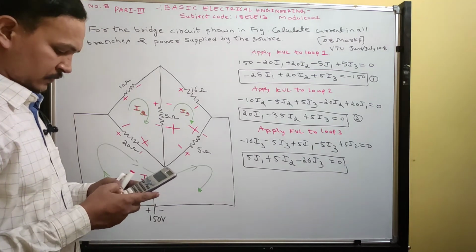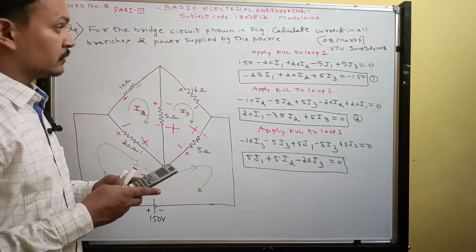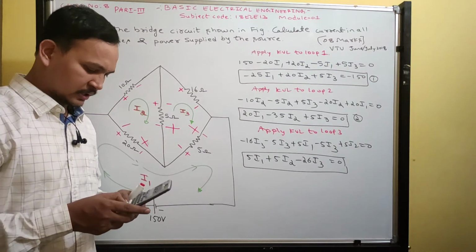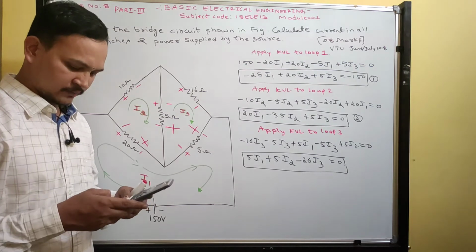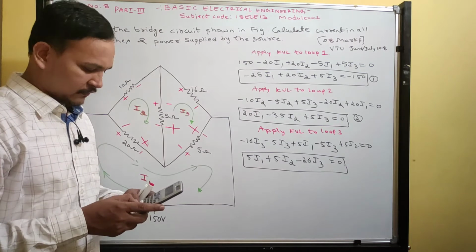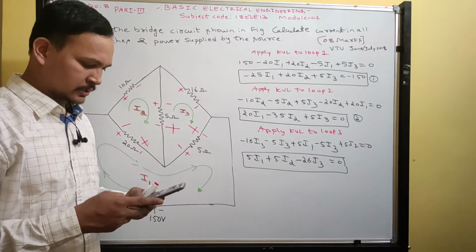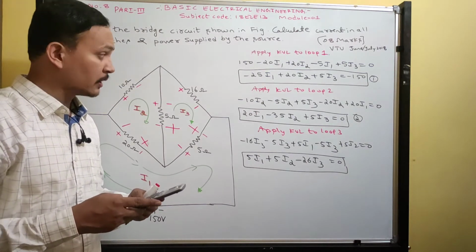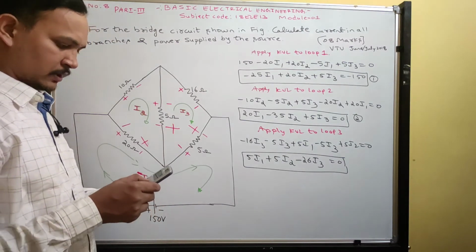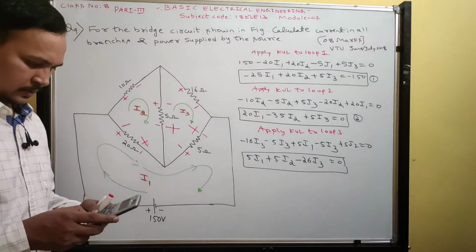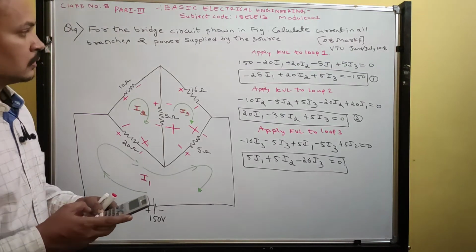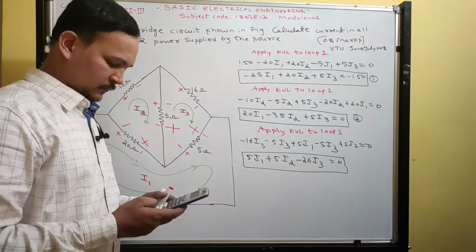Minus 25, plus 25, minus 150, then 20, minus 35, plus 5, 0, then the last equation 5, again 5, then minus 26, then 0. I have written all the equations. Okay, I entered one of the values wrongly, so we can do it once again.